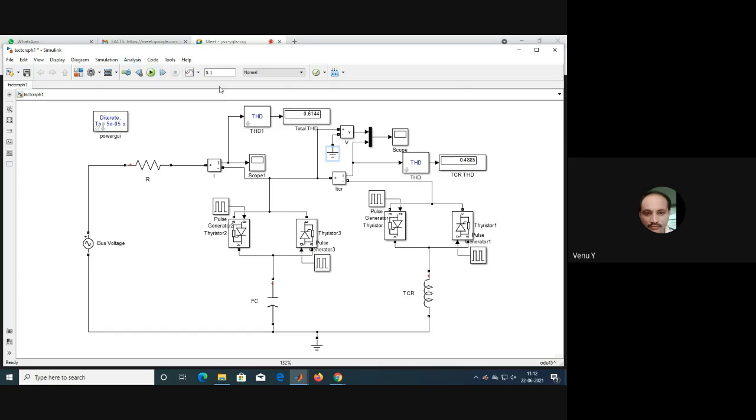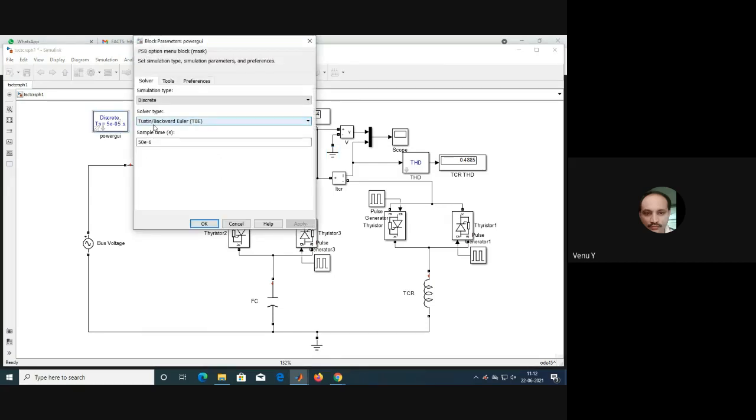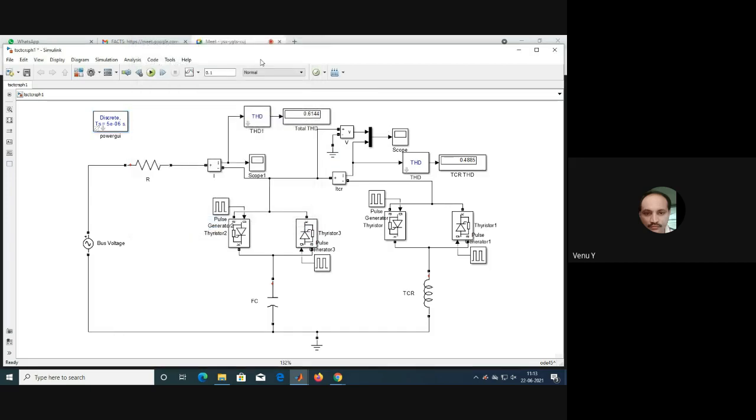Okay, now simulation time 0.1 seconds, and the powergui block discrete. You can change this also, 5 into 10 power minus 6, and you can simulate this one.